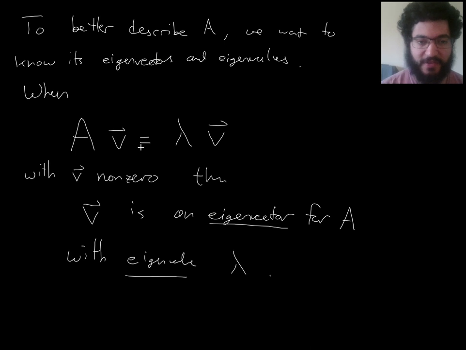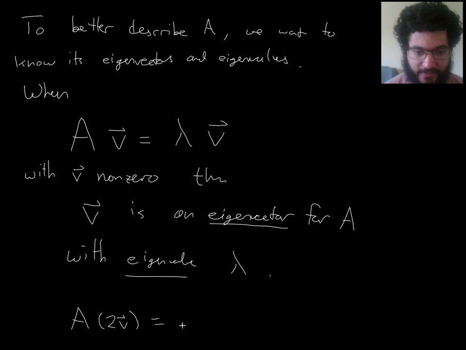So let's say I come up with an eigenvector v for the matrix A. If I now double v, or multiply by -1, flip it around even, that's still going to be an eigenvector with the same eigenvalue. So I can just pull out the 2 like this, and then be like, well, that's lambda v, since v was an eigenvector with eigenvalue lambda.